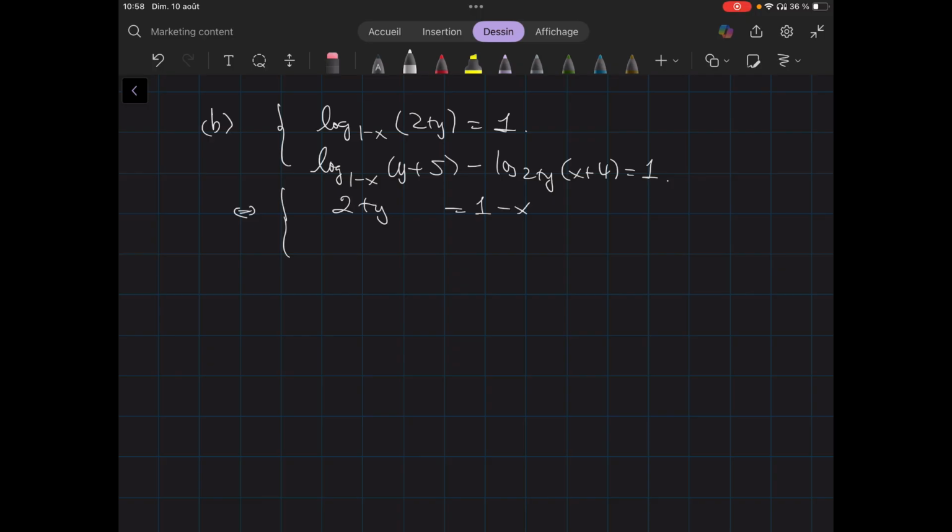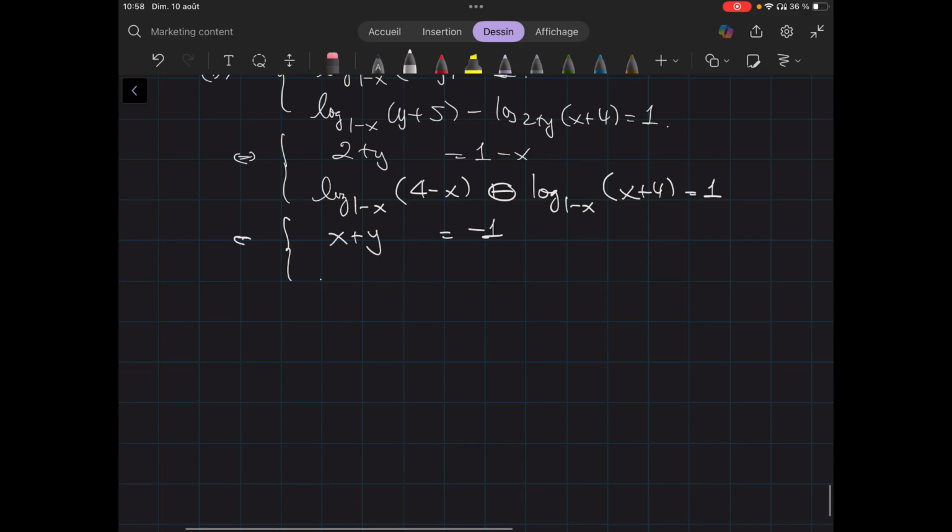So this is the first equation. The second equation, y plus 5, that would be 4 minus x. 2 plus y, that's 1 minus x. X plus 4, that's x plus 4. First equation, x plus y is equal to negative 1. Second equation, log base 1 minus x of 4 minus x divided by x plus 4 is equal to 1.